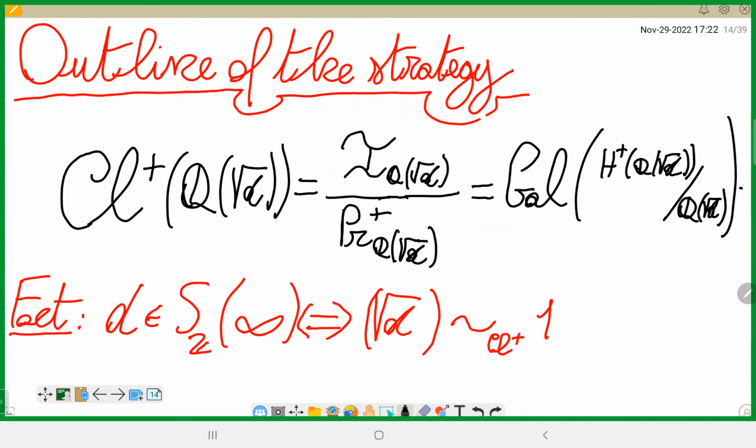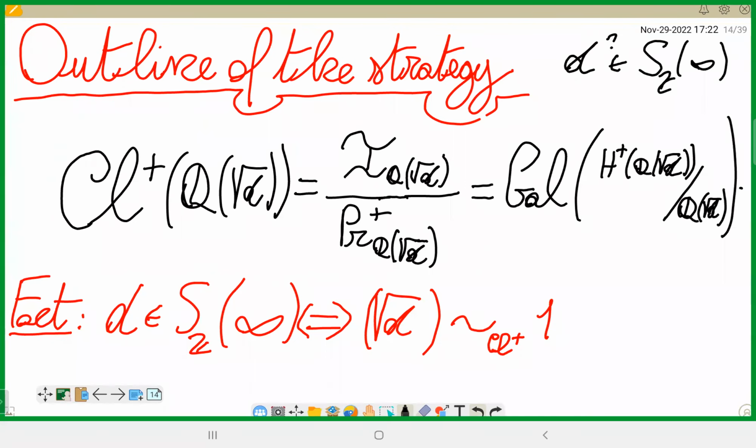And to do that, I have to basically start telling you how you guarantee that a point D, which has these constrained prime factors, they are all 1 or 2 mod 4, is in SZ infinity. What is a criterion for that?